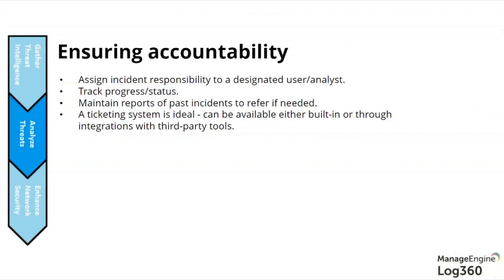First off, you can assign the incident responsibility to a designated user or analyst within your organization. And then you need to dedicatedly track that incident's progress or status throughout the various stages of resolution. You need to maintain reports of the past incidents that have occurred so that you can go back and refer to them if needed. So to do all this, a ticketing system is ideal.